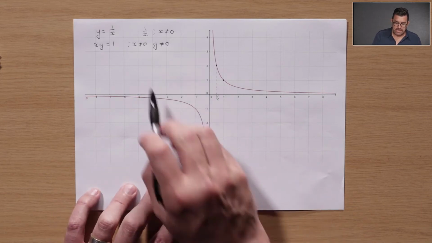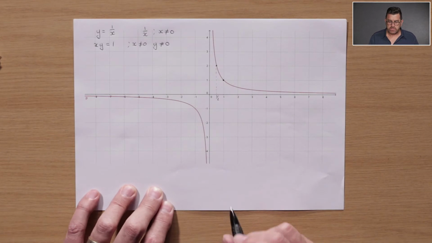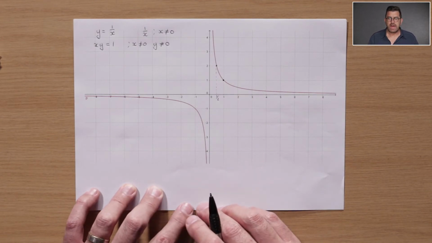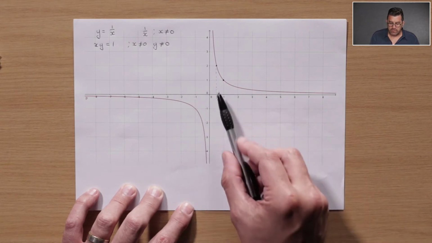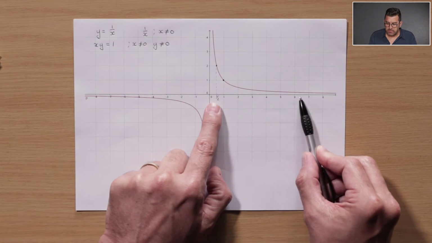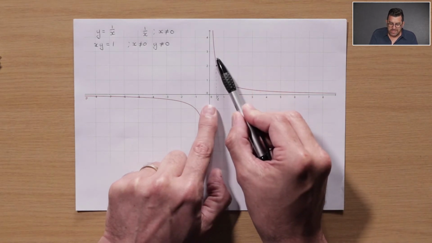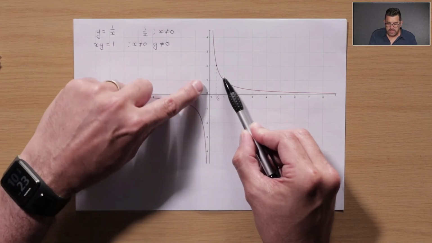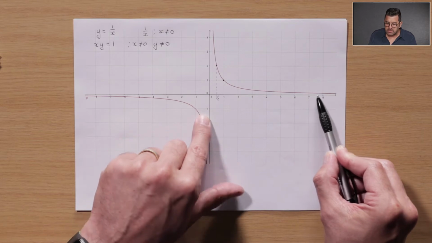Okay, so let's see, how does this feed into the idea that we just started talking about? As the x values become bigger, what happens to the y values? Well, let's see on the graph. x is becoming bigger and bigger and bigger as we move to the right. The y values are coming down, and they in fact are becoming smaller and smaller and smaller.